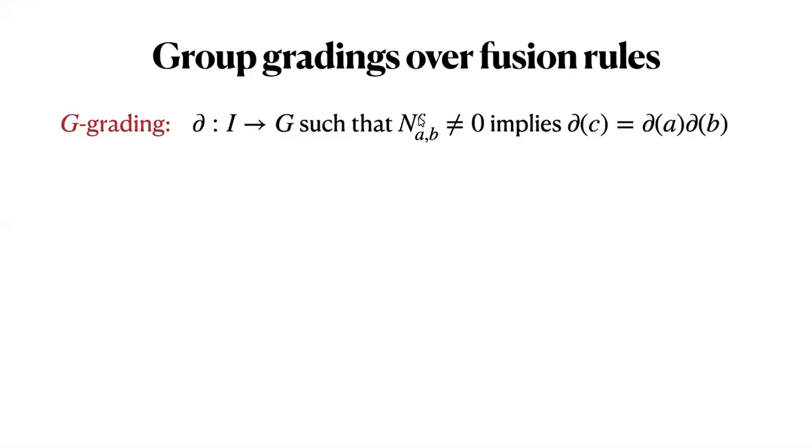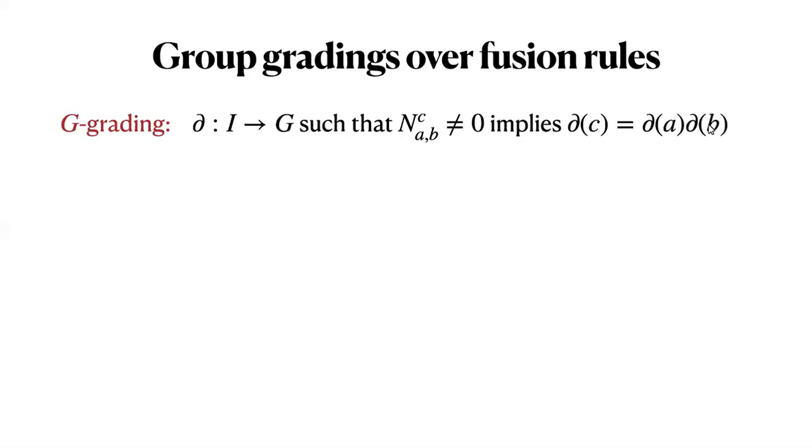If you know that this number is different from 0, that means that if you take one simple object A and one simple object B and you fuse them, then some C appears, and the element of your group associated with this C should be the product of the gradings.